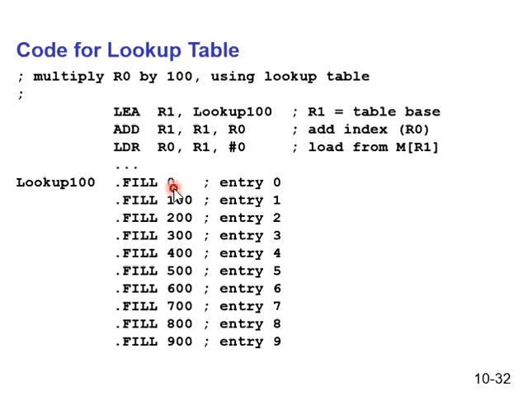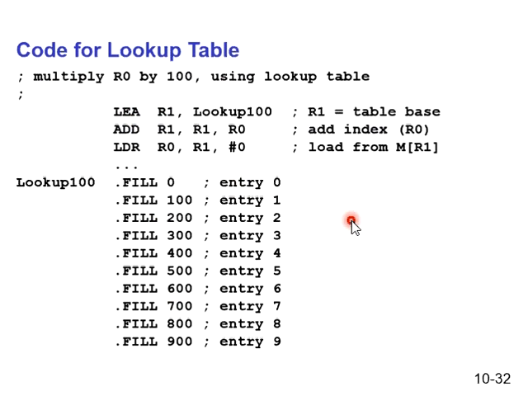We have 10 entries from 0 to 9, so we have the values 0 to 900, entries 0 to 9, and the label lookup 100. So firstly, you assign it to R1 with LEA. Now R1 is storing the address of the table.